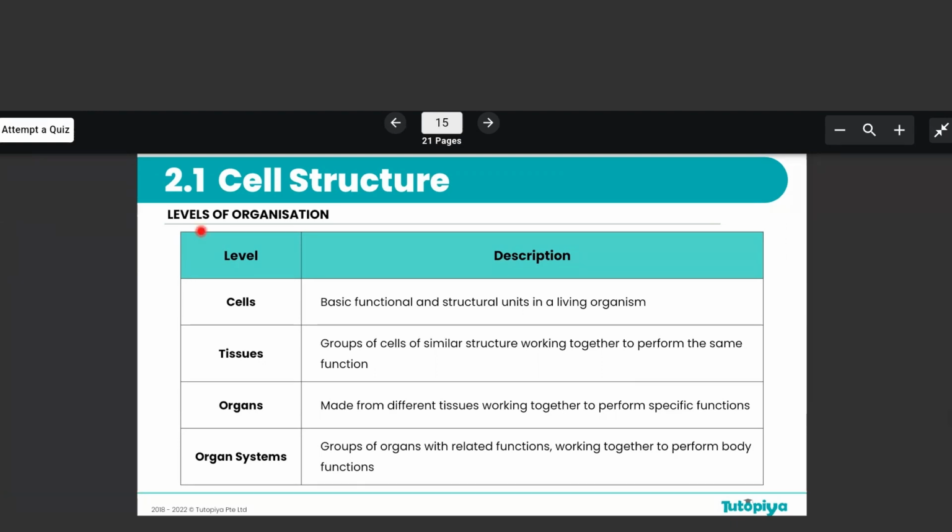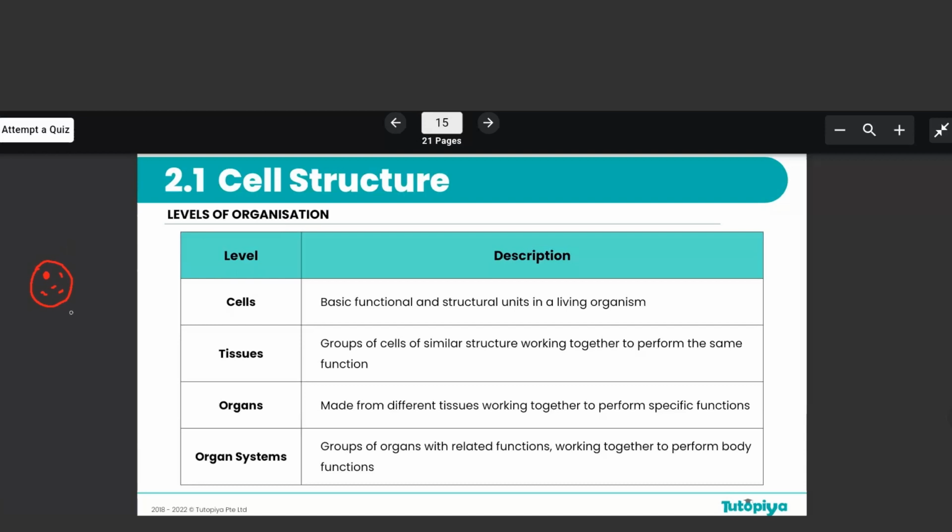So if you consider a multicellular organism, the simplest part of a multicellular organism is a cell. Multicellular organisms such as us, human beings, probably have millions and millions of cells in our body, right? So one tiny little cell in our body is the basic unit of our life.